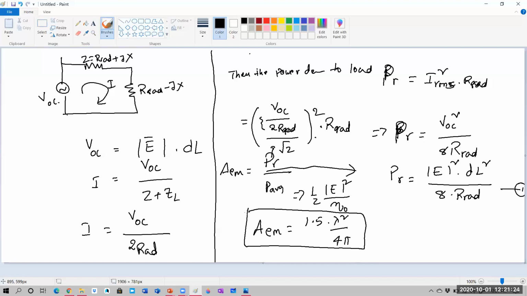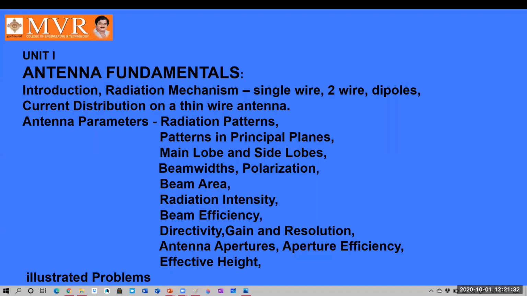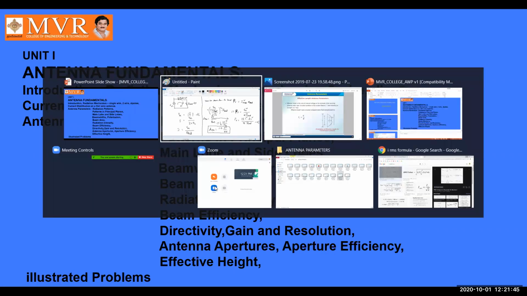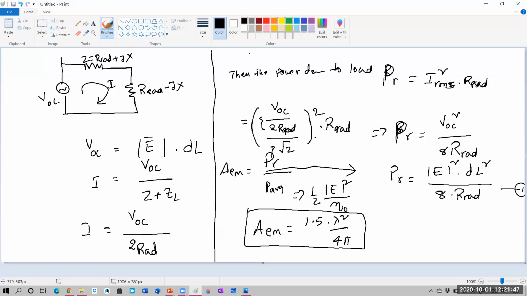Now, as per our first unit, if you observe, we covered aperture, antenna efficiency, effective height, directivity, gain, beam efficiency, and radiation intensity. So all the parameters are over. In our next class, I will sort out all the parameters and equations, draft them in one A4 sheet, and post it in your group.